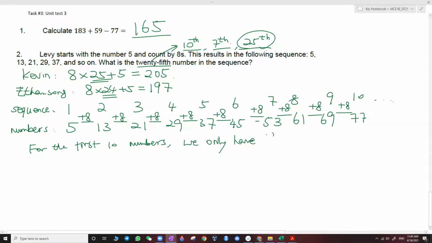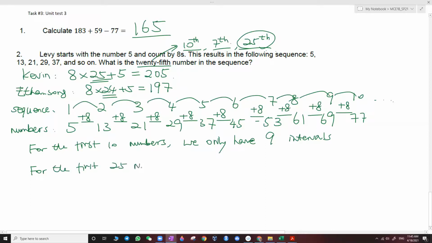Let's call these intervals, 9 intervals. So this is one interval, 2, 3. That means the distance between two numbers. We only have 9 intervals. So we would know for the first 25 numbers, there would be 24 of such intervals, right?